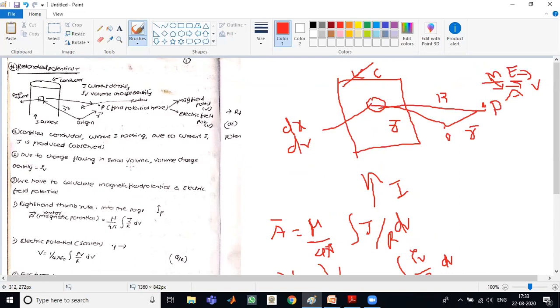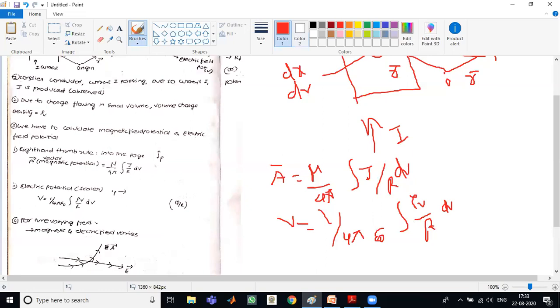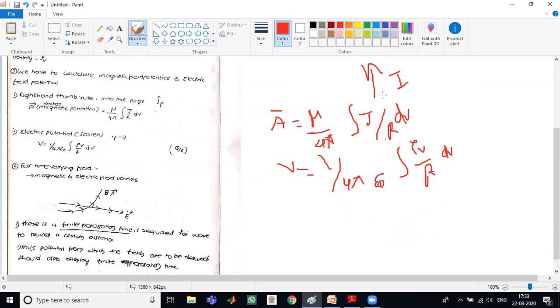But this is the magnetic field potential and electric field potential from a conductor. The concept is retarded potential. For the retarded potential, that is time varying fields.